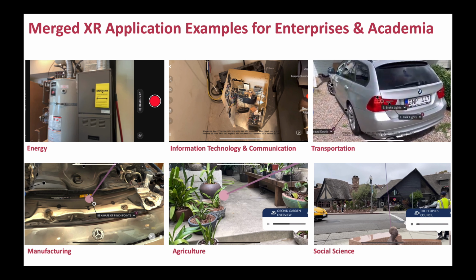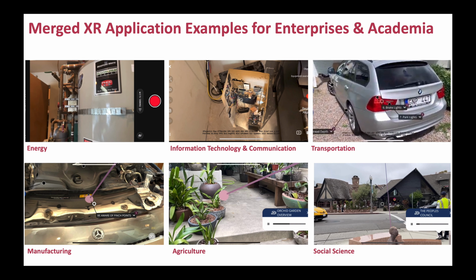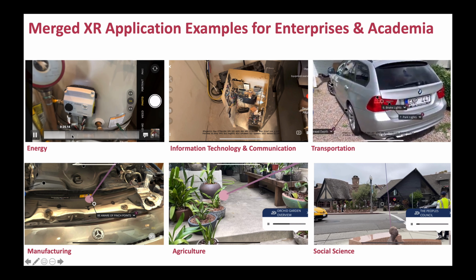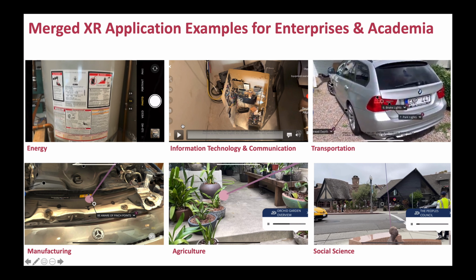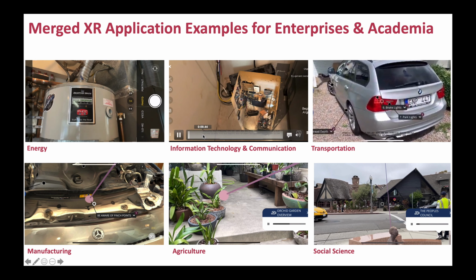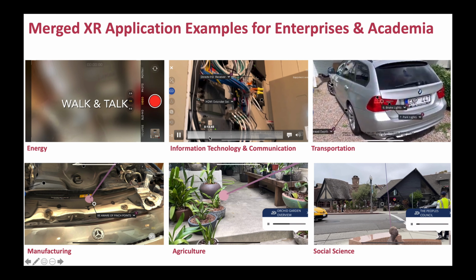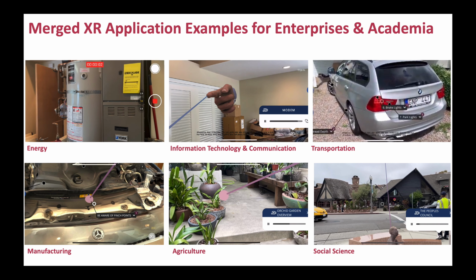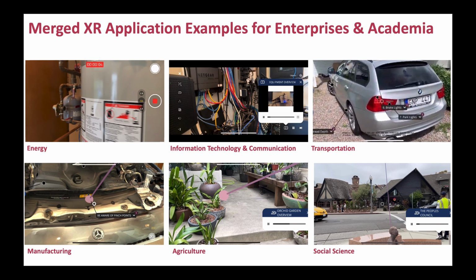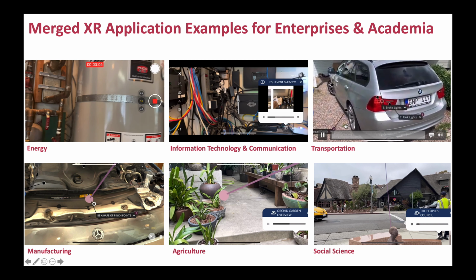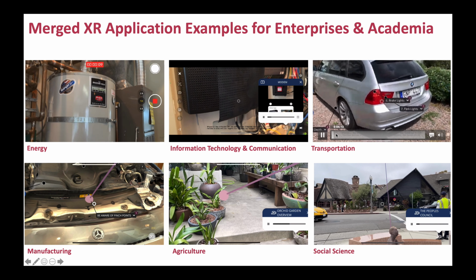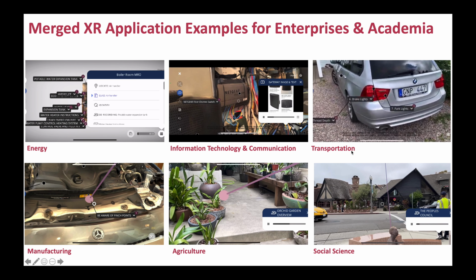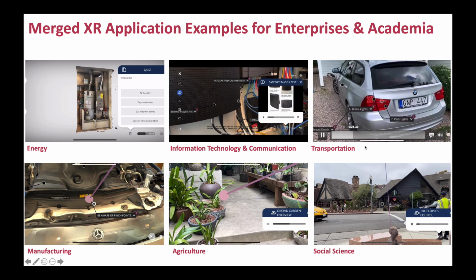So obviously we saw an example with a boiler, which is energy related, anything to do with tracing, training in that environment. Another interesting example is for information technology and communication. So now it's all about trying to locate, identify, and learn about how to install things, 5G technology, etc. Transportation, we have this example here with a vehicle that you have to use either during production but also during maintenance, repair to sustain it.